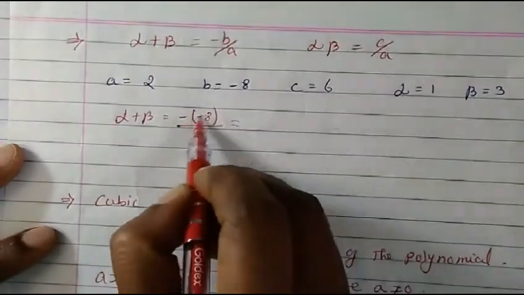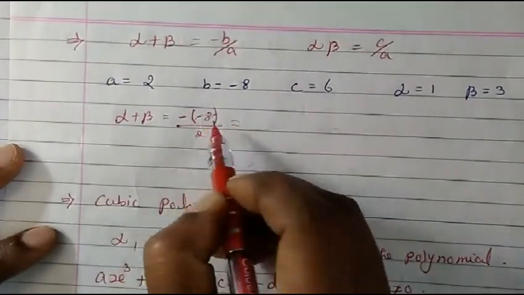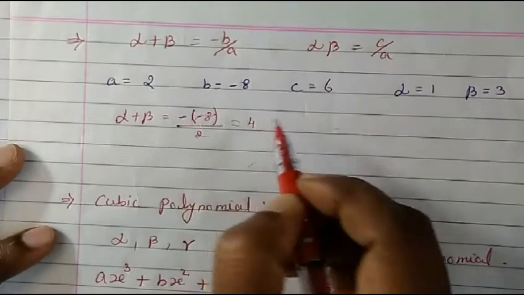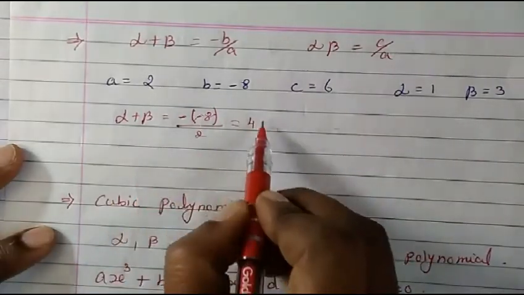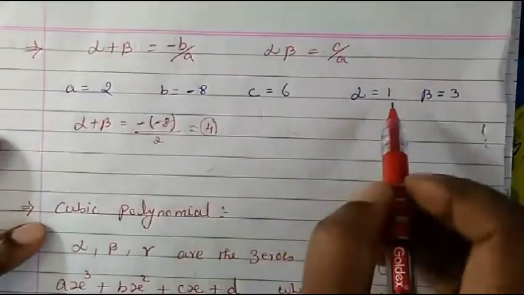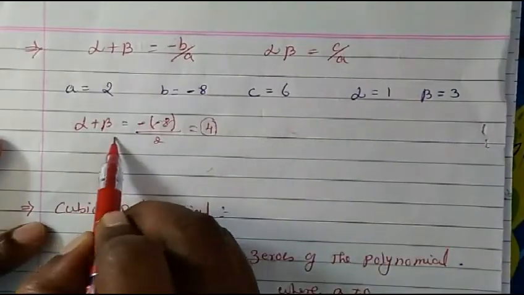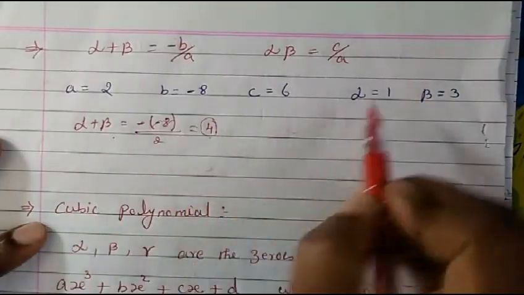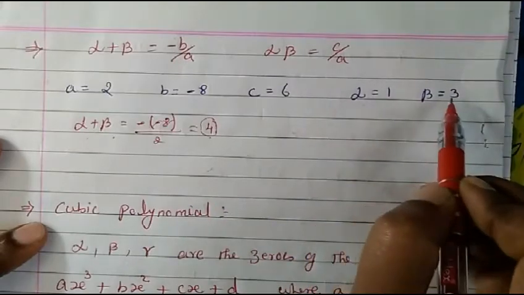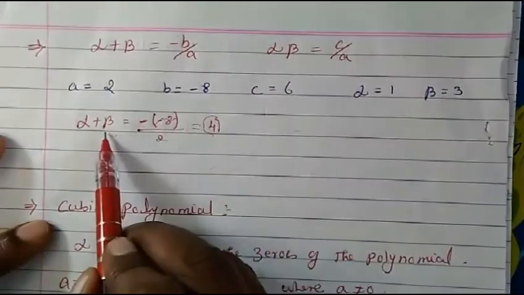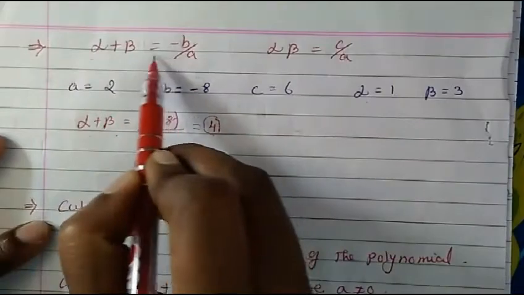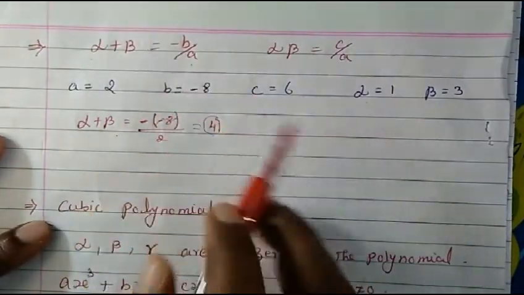So the minus gets cancelled, and you will get 4. So the sum of zeros is 4. Can you see here? These are the zeros of the polynomial, and 1 plus 3 is 4 only. So that is the relationship we have: sum of zeros is equal to minus b upon a.